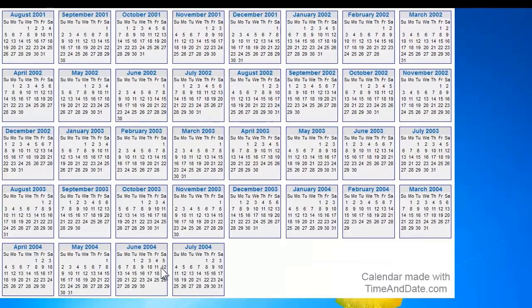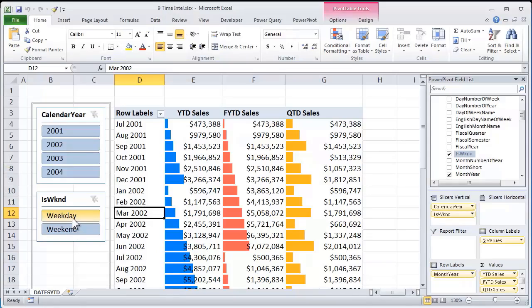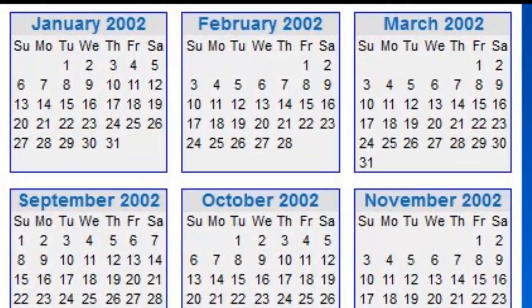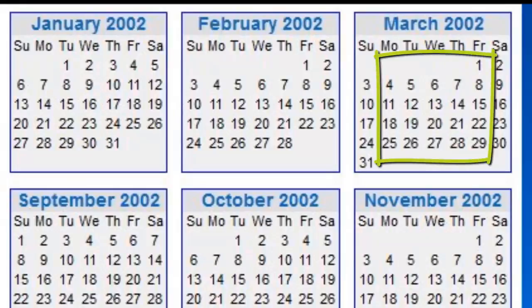However, when I select weekday, now we have March 2002 and weekday. We have 2 coordinates. And if we look at what that looks like in terms of initial filter context, we get something different, don't we? The Saturdays and Sundays are excluded.